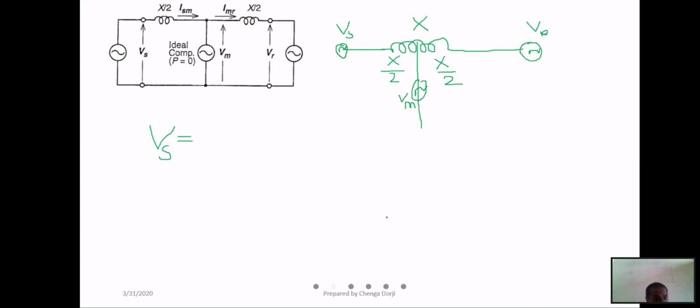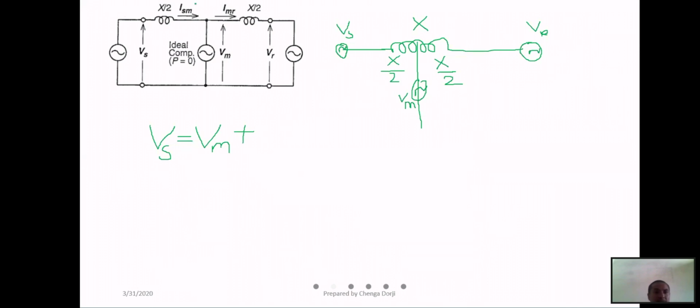Vs is equal to Vm plus I_SM times jX by 2.